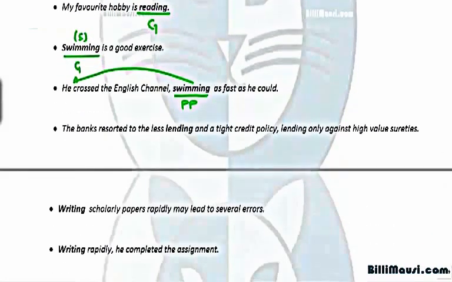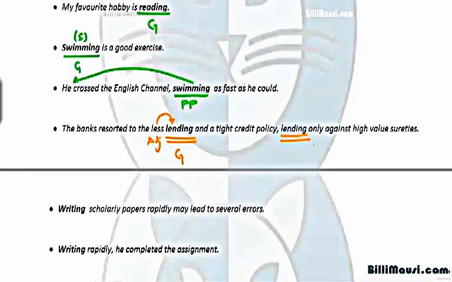The banks resorted to the less lending and a tight credit policy, lending only against high value sureties. So what is the participle here? It is behaving as a gerund. The banks resorted to the less lending, where it is giving the force of a noun, and less is modifying lending and is behaving as adjective.